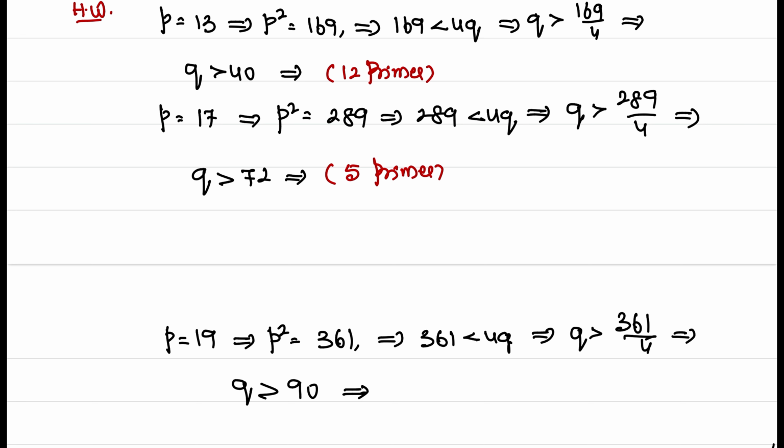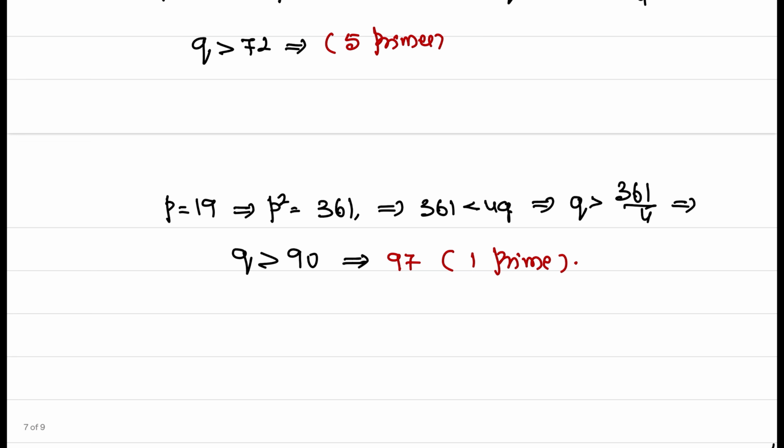How many primes are there between 90 and 100? Because it should be less than 100, that is 99. Between 90 and 99 only one prime is there, 97. One prime.